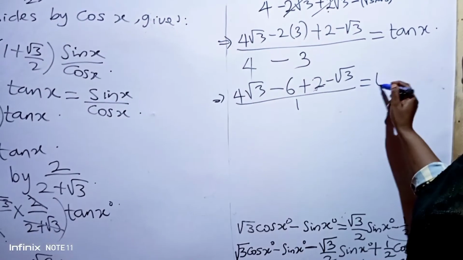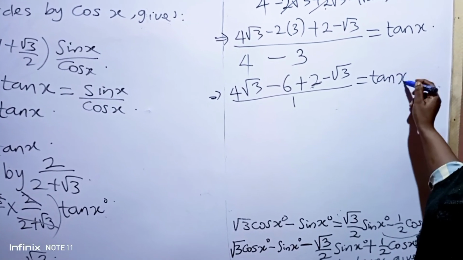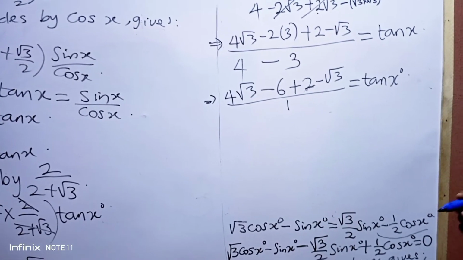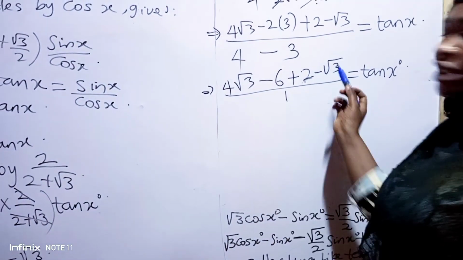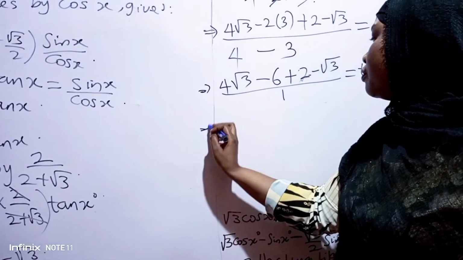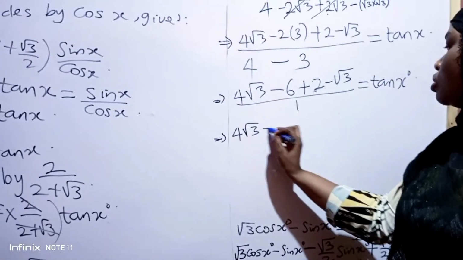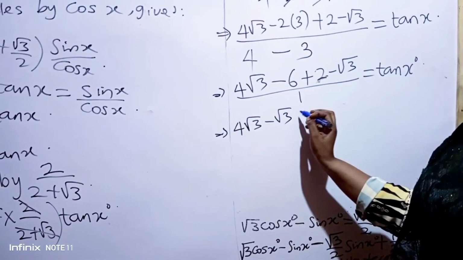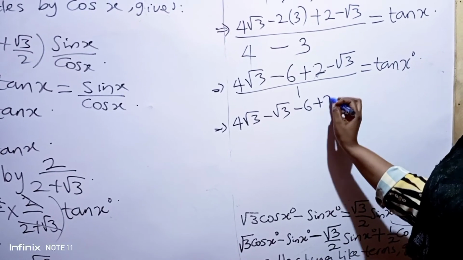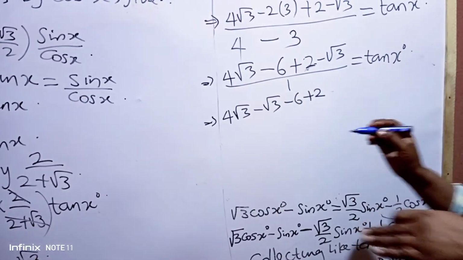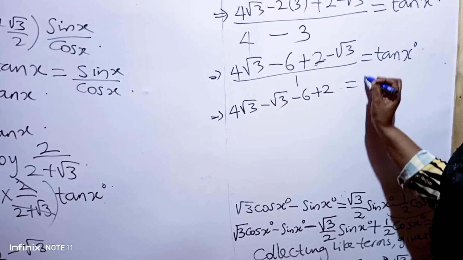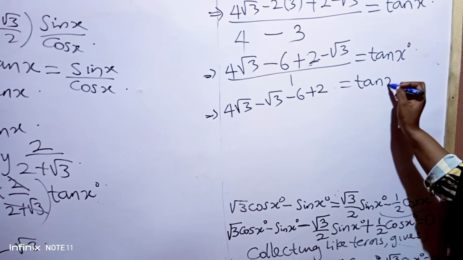So is equal to tan x degrees. Now from here, let's collect like terms. So I have 4√3, then minus √3, then minus 6 plus 2, then over 1. So I do not need to write that one again. Is equal to tan x degrees.